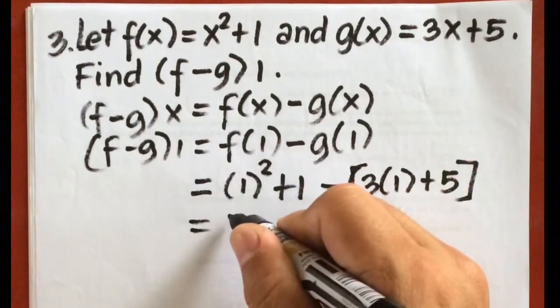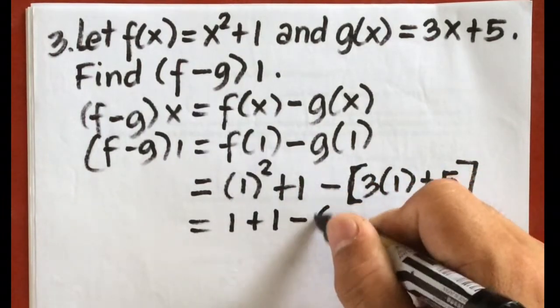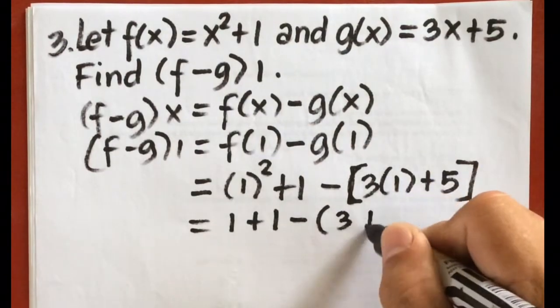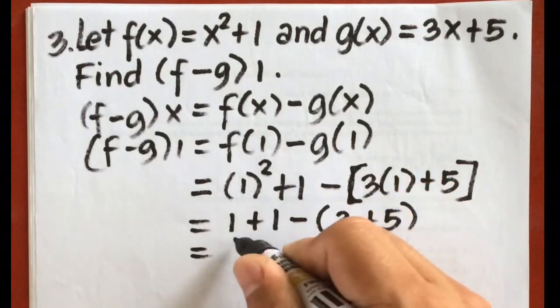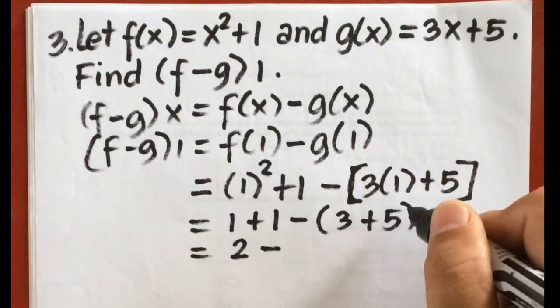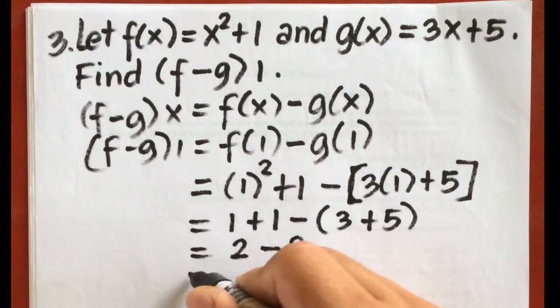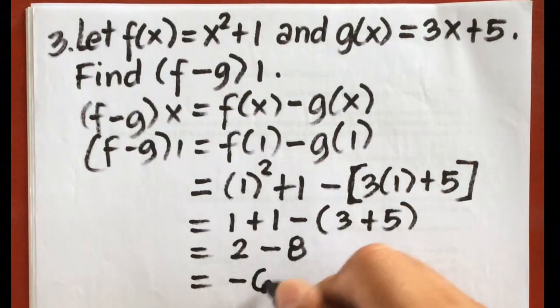So 1 squared is 1, then plus 1, then minus 3 times 1 is 3, then plus 5. So 1 plus 1 here is 2, then minus 3 plus 5 is 8. Okay, so 2 minus 8, that will be negative 6.